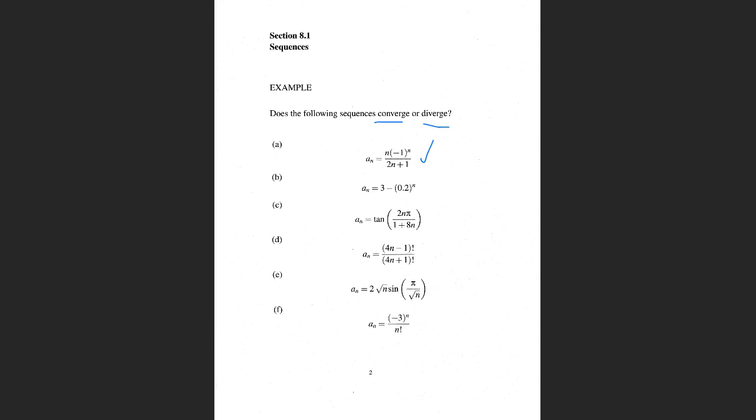Okay, so again, like we learned about how to find formulas for some sequences, in this problem we are given different sequences, and we want to know if the sequences converge.